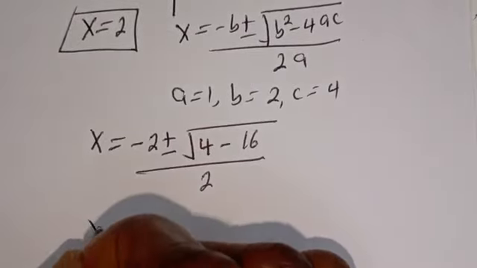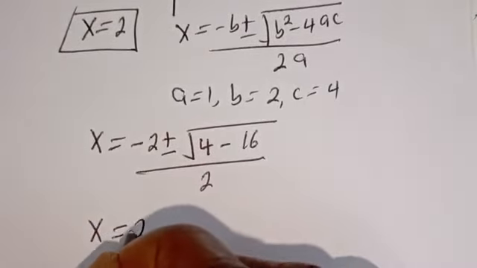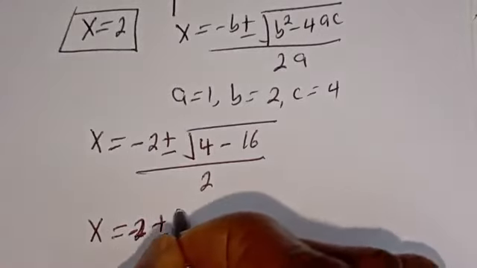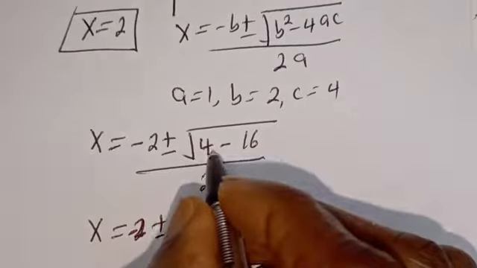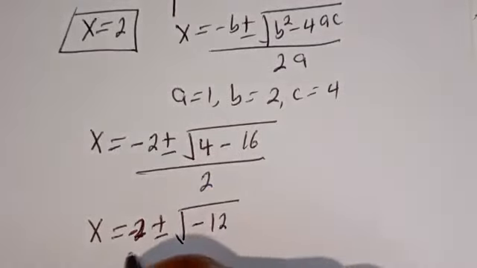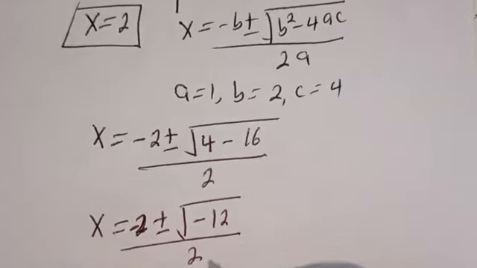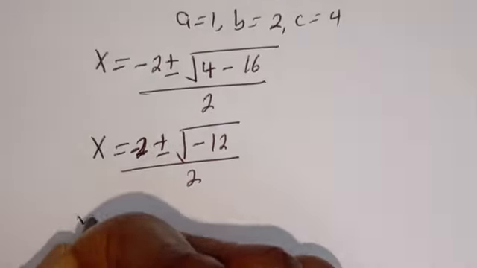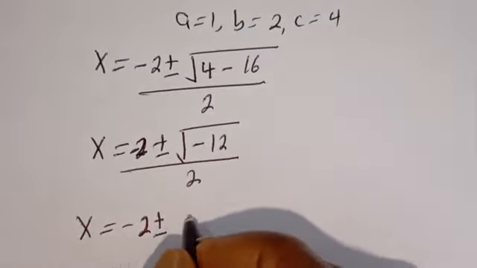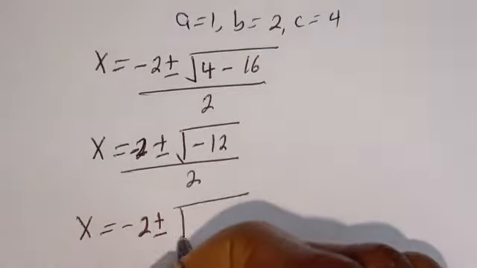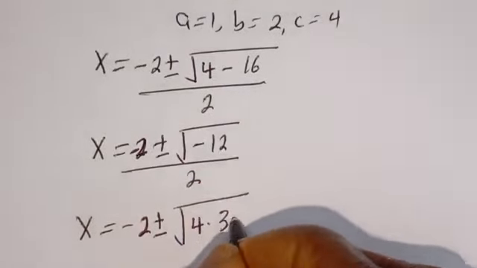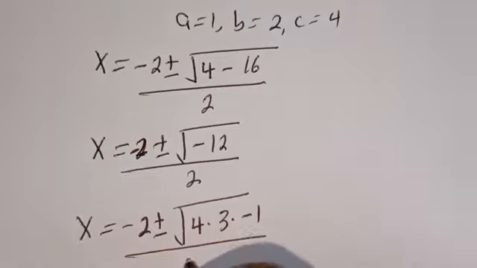Then s is equal to minus 2 plus or minus square root of 4 minus 16, that is minus 12, divided by 2. Then s is equal to minus 2 plus or minus square root of minus 12, which can be written as 4 multiplied by 3 multiplied by minus 1, divided by 2.